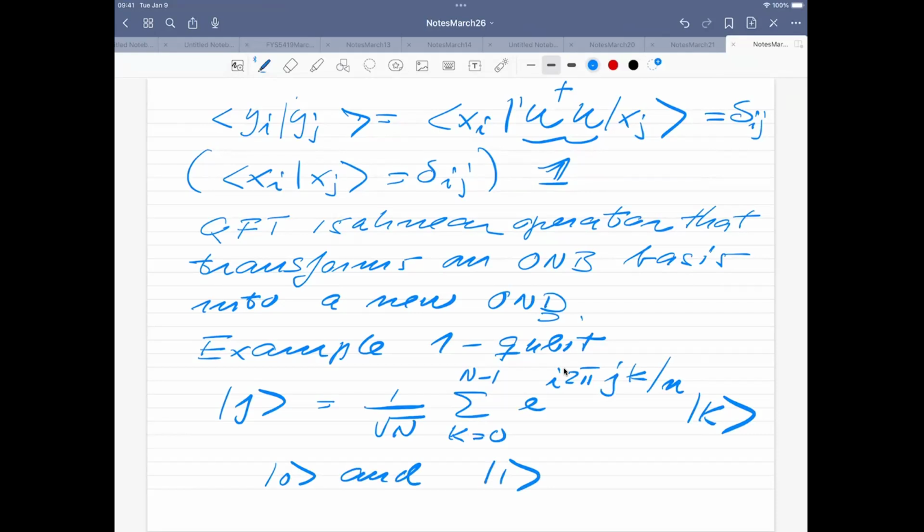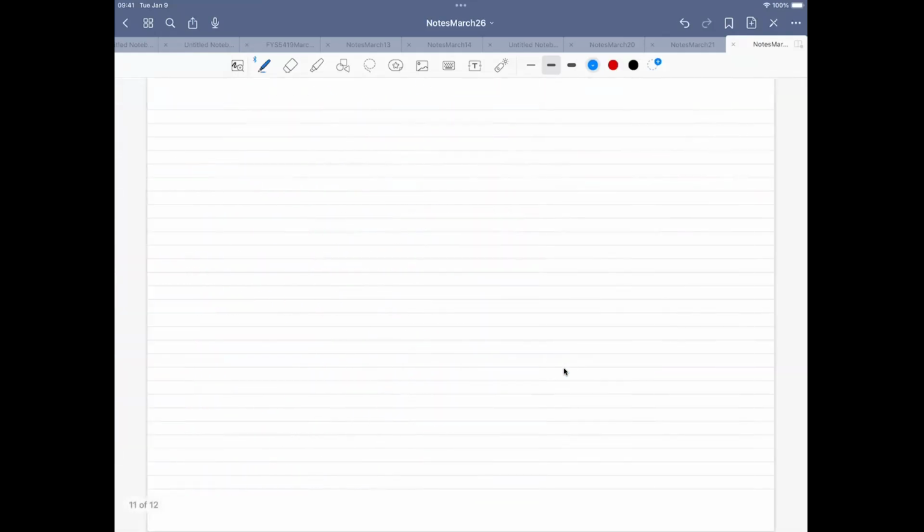And these are the eigenstates of the Pauli Z matrix. So what we are doing then is to perform a transformation where we get a new state 0, which is simply 1 over square root of 2, which is the number of possible states I have, and the sum goes from k equals 0 up to 1.